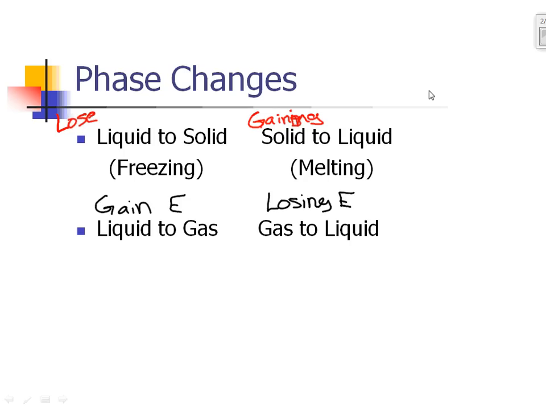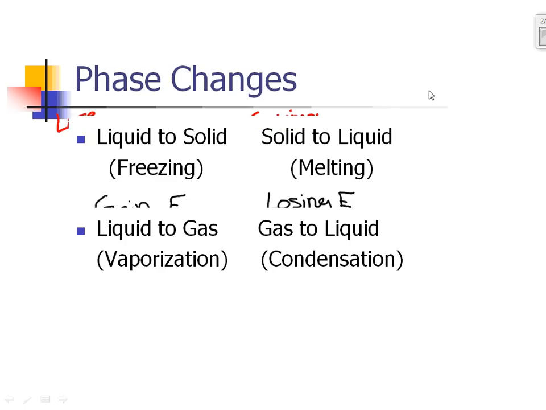So gaining energy, they're getting more momentum, they're spreading farther apart. You know this as vaporization and condensation. These should be familiar terms. So liquid to gas, vaporization, gas to liquid, condensation.